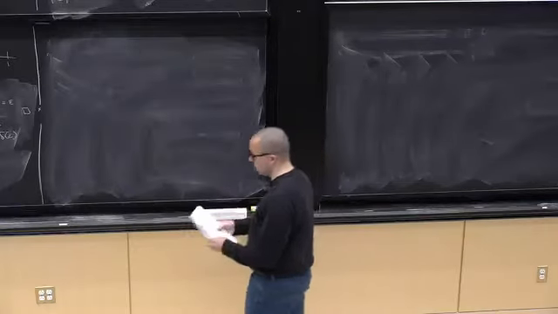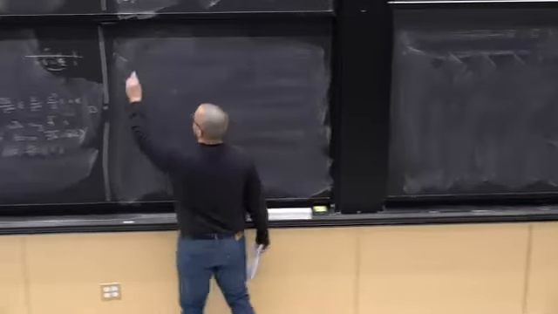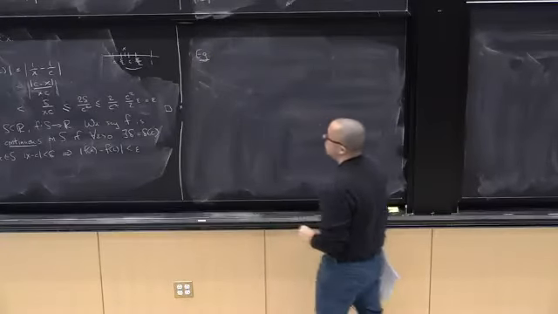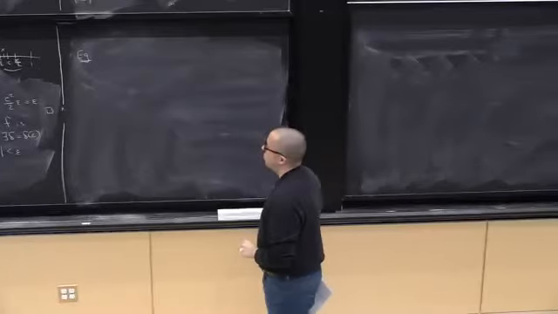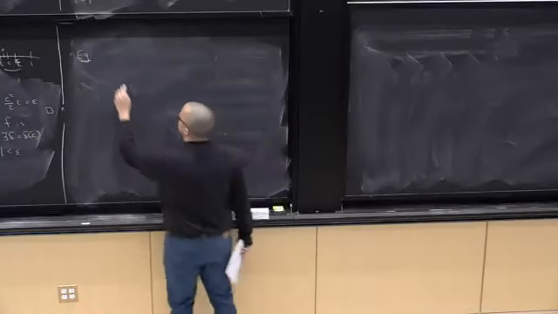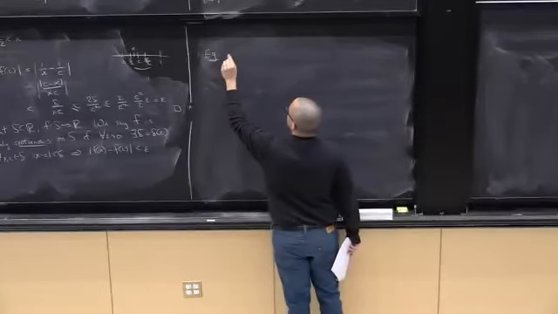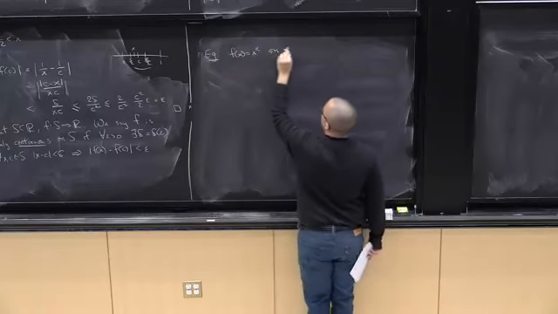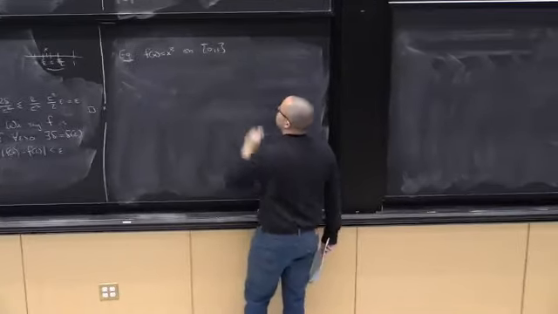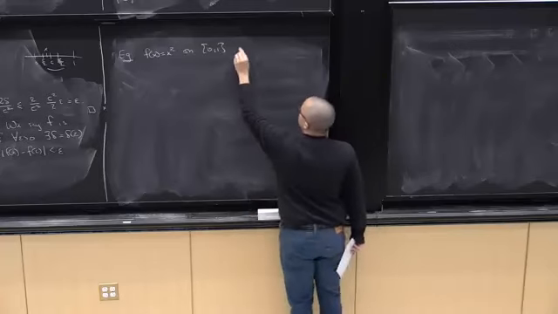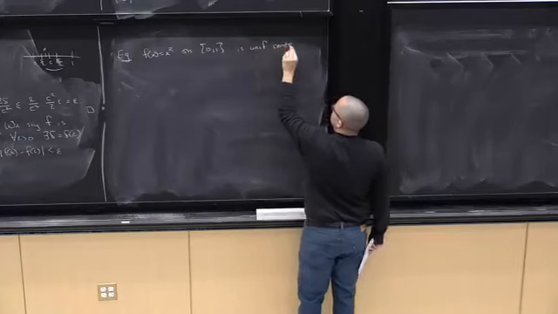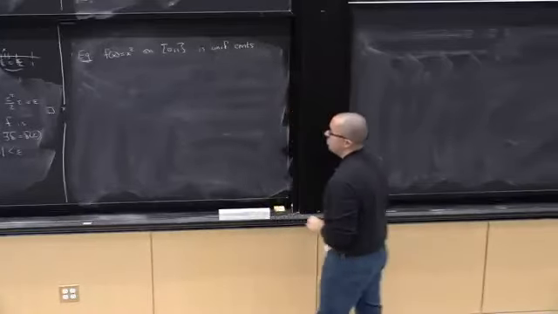But let's look at a function which is uniformly continuous. The function f of x equals x squared on the interval (0, 1) is uniformly continuous.